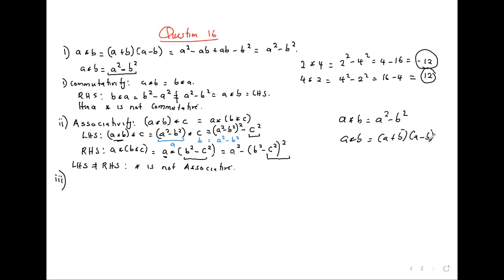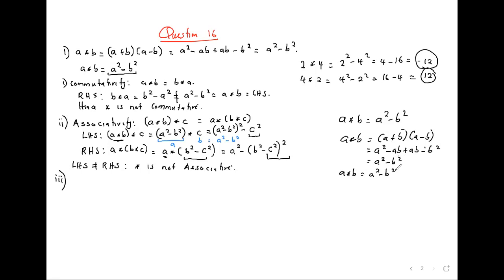To expand, you get A squared minus AB plus AB minus B squared. This gives us A squared minus B squared. This means that A star B is A squared minus B squared.